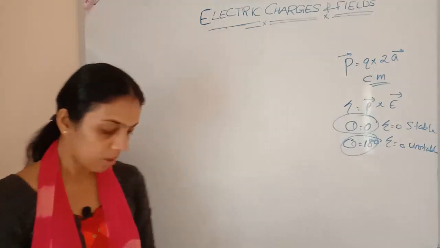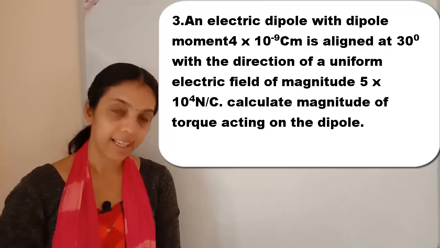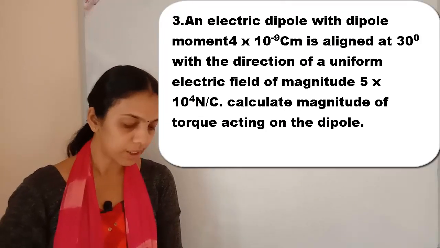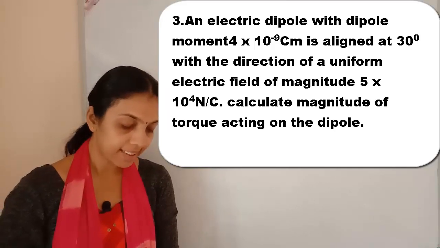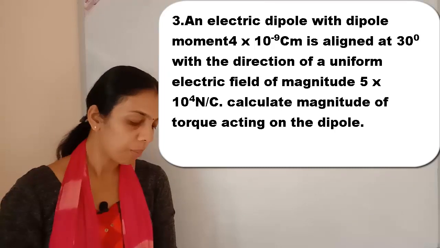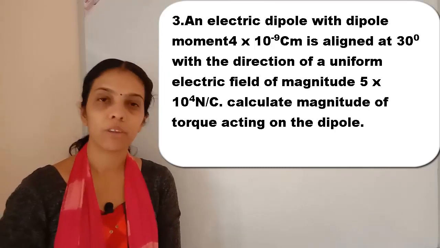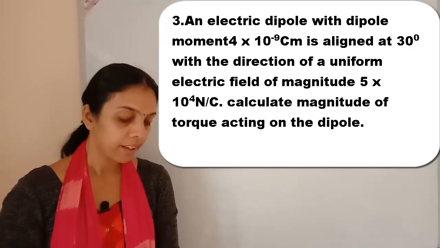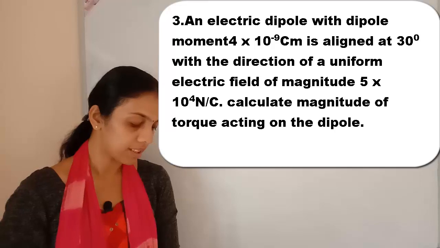Okay, so now the next question. An electric dipole with a dipole moment 4 into 10 to the power minus 9 Coulomb meter is aligned at 30 degrees with the direction of a uniform electric field of magnitude 5 into 10 to the power 4 Newton per Coulomb. Calculate the magnitude of the torque acting on the dipole.